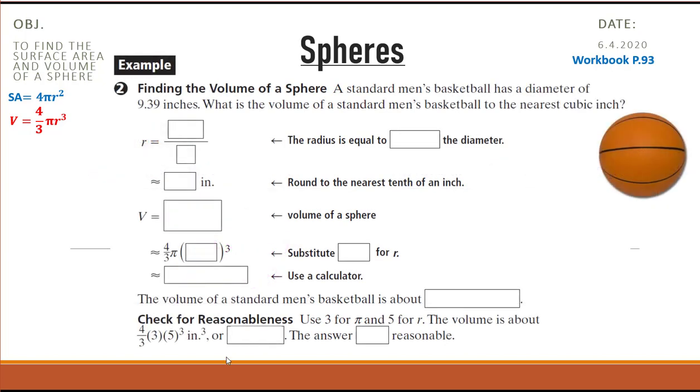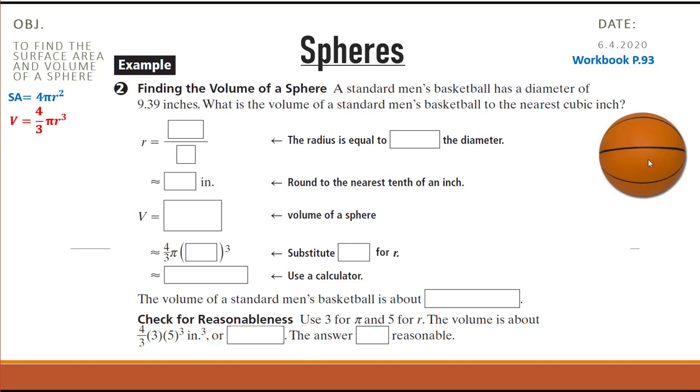Now, in this example, we are going to find the volume. A standard men's basketball has a diameter of 9.39 inches. What is the volume of a standard men's basketball to the nearest cubic inch? So this is the basketball, and we have here the diameter. The diameter is the distance between 2 points on the surface passing through the center of the ball.